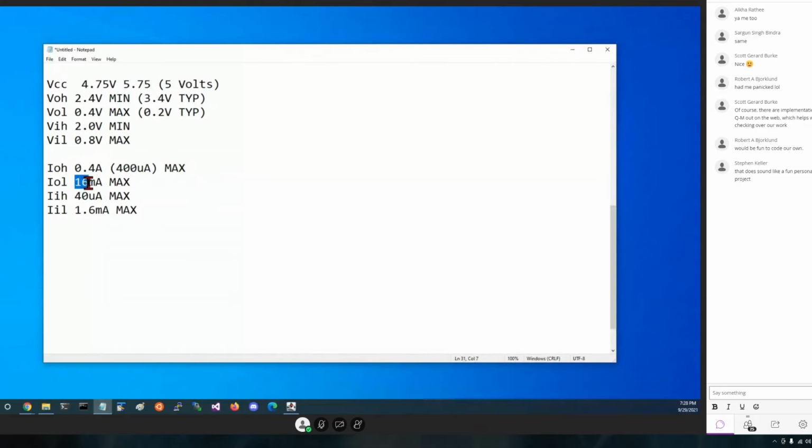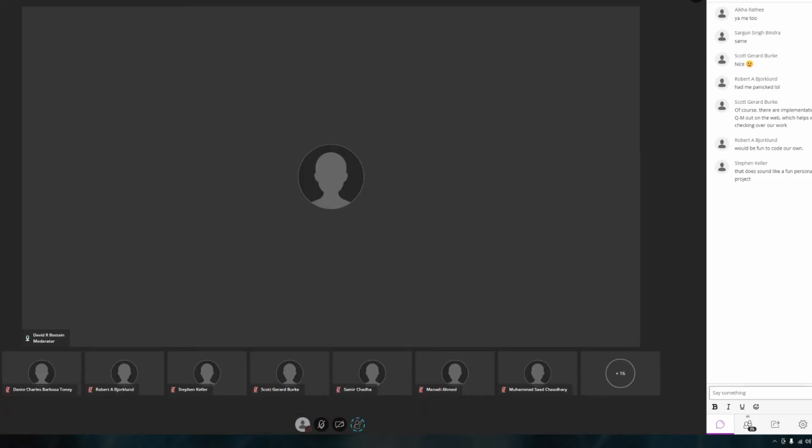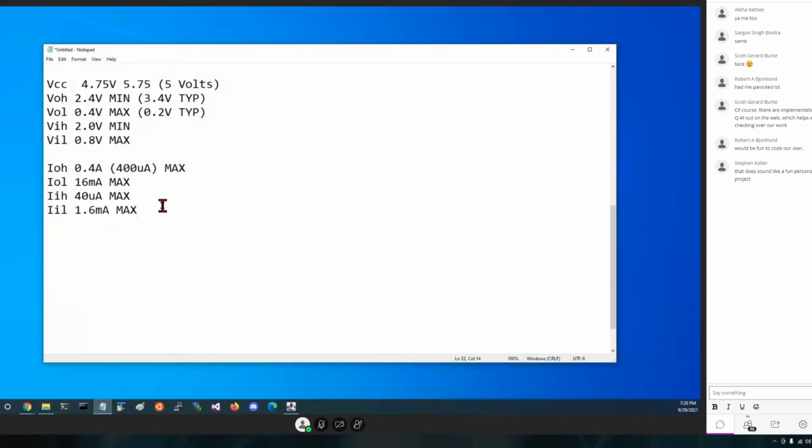So, for example, our chip is going to be able to sink 16 milliamps of current from 10 devices, each producing 1.6 milliamps. That difference of 10 is not accidental. That says how many inputs you can hook to a particular output, and we call that the fan out. And on this device, the fan out is equal to 10.